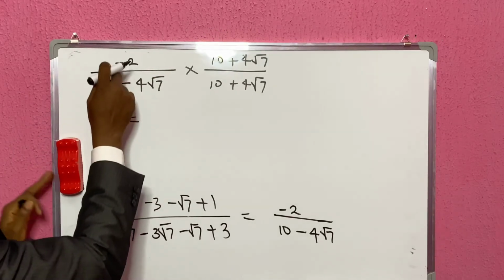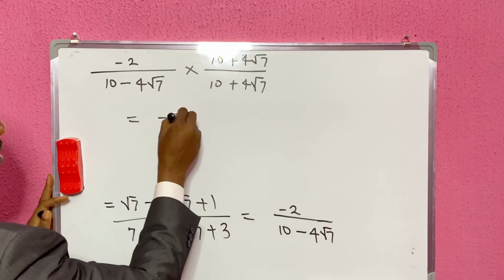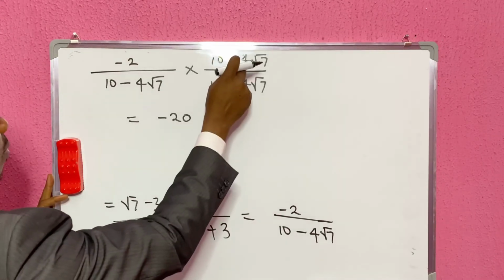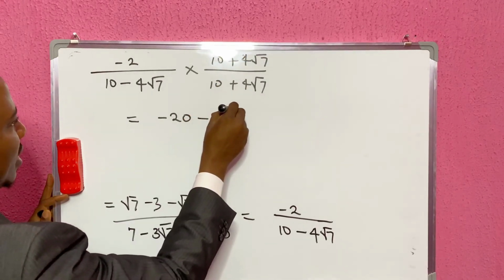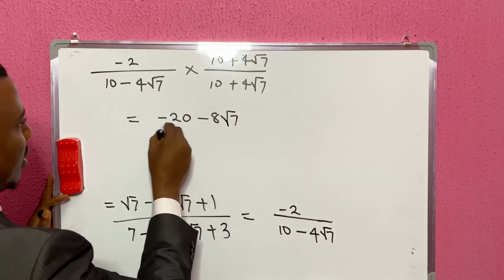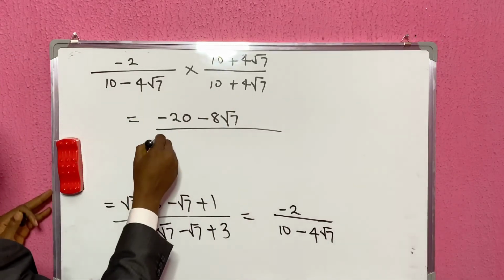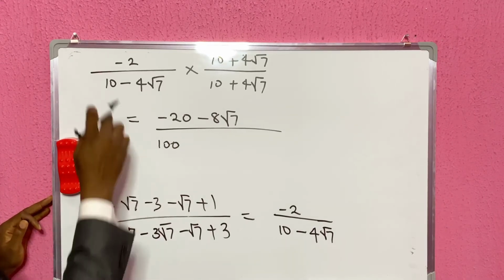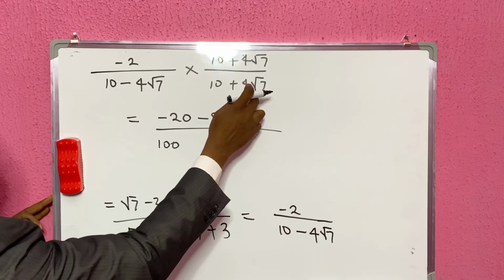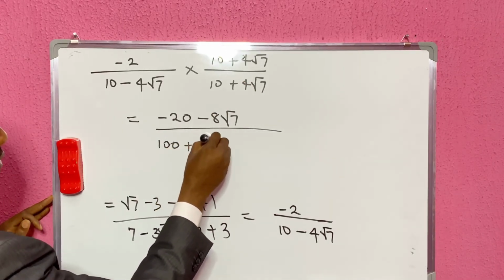You have minus 2 times 10, minus 20, minus 2 times plus 4 root 7, minus 8 root 7. 10 times 10, 100. 10 times 4 root 7, 40 root 7.